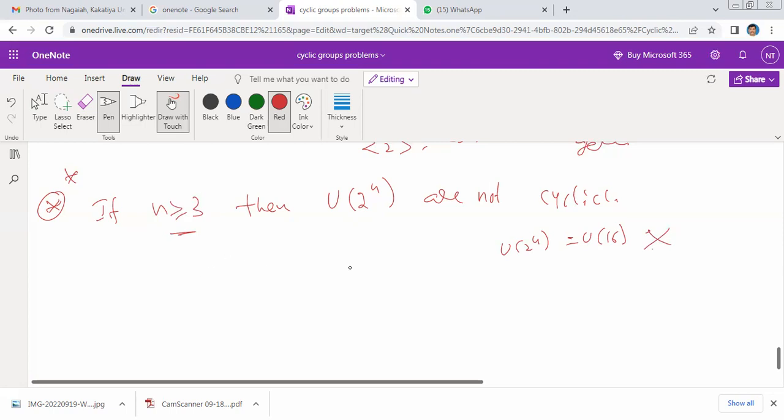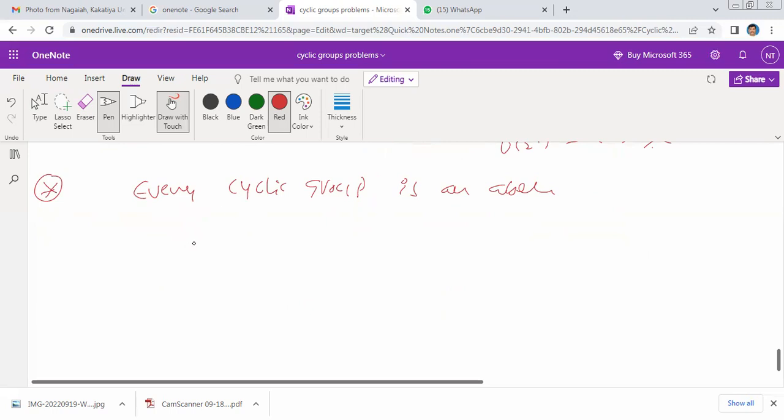Next, every cyclic group is abelian. A very famous result, and a very simple proof. A cyclic group means G is equal to a to the power of n such that n belongs to Z. Suppose I take two elements x and y, where x is a power r and y is a power s.